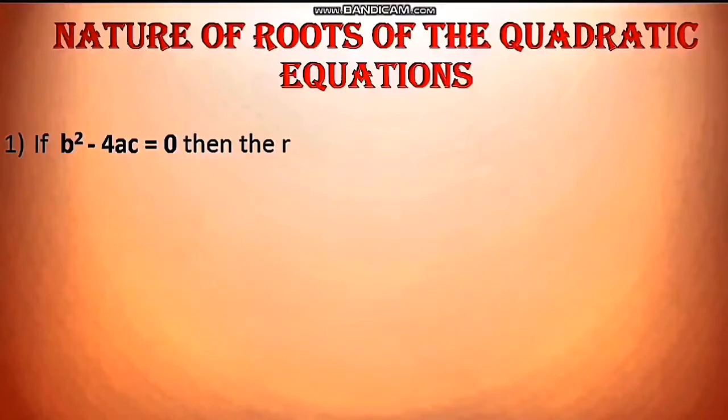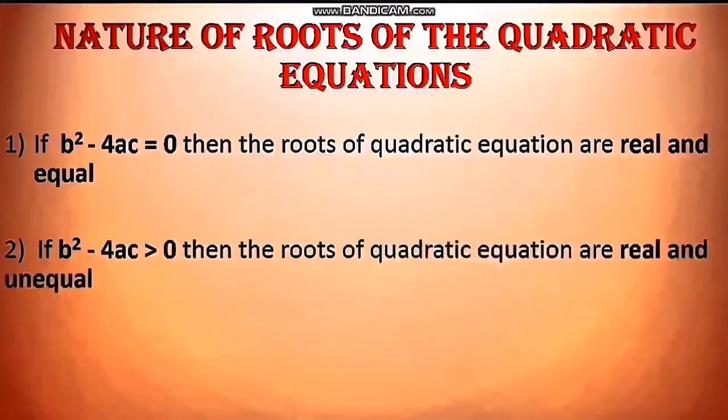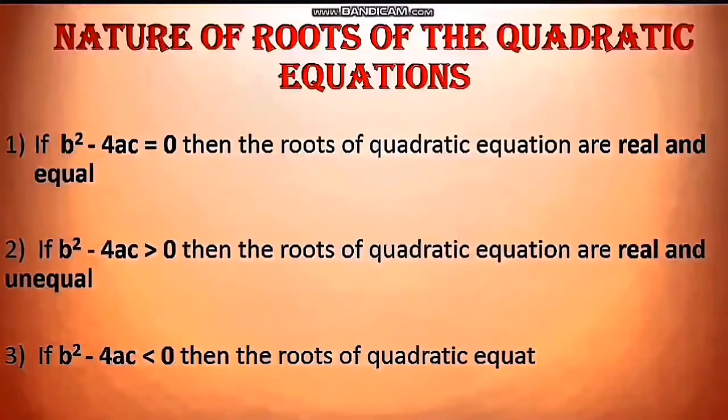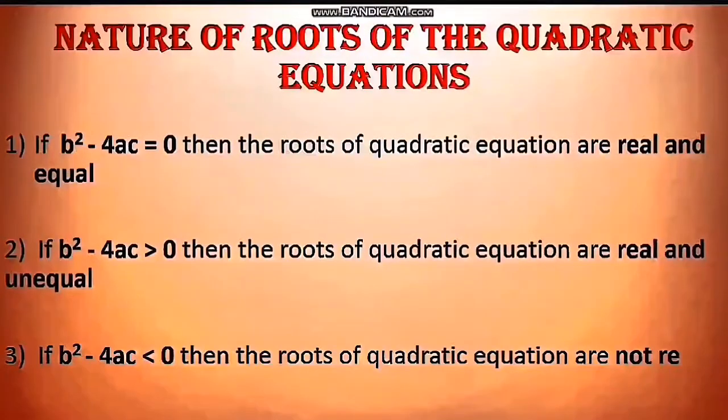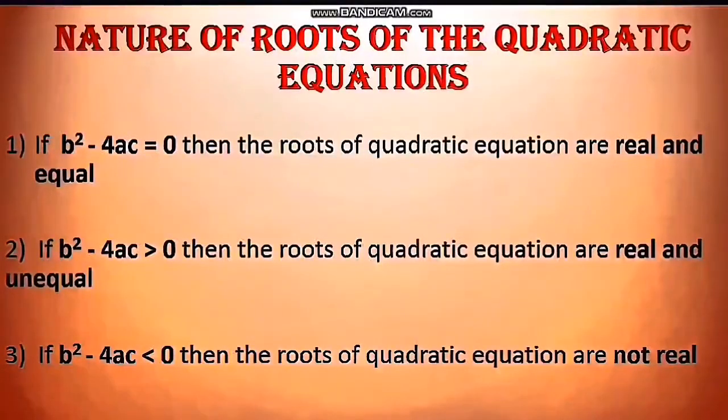If b square minus 4ac is equal to 0, then the roots of the quadratic equation are real and equal. If b square minus 4ac is greater than 0, means positive, then the roots are real and unequal. And if b square minus 4ac is less than 0, means negative, then the roots of the quadratic equation are not real. So remember these 3 points.